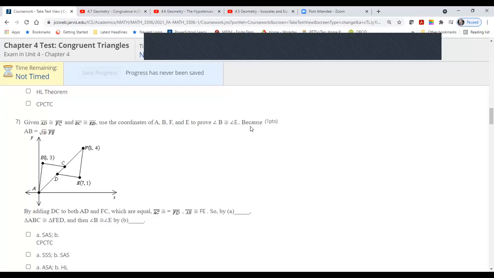So in here AB is equal to square root of 10 times FE.